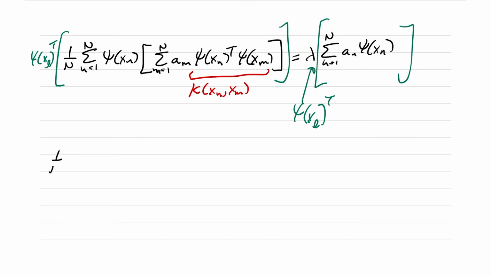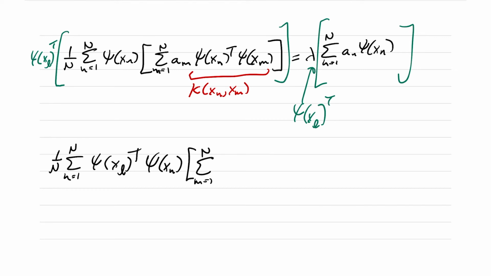It becomes 1 over capital N, the sum n equals 1 to capital N, of psi of x_l transpose times psi of x_n, times the sum m equals 1 to N of a_m times the kernel function k(x_n, x_m).